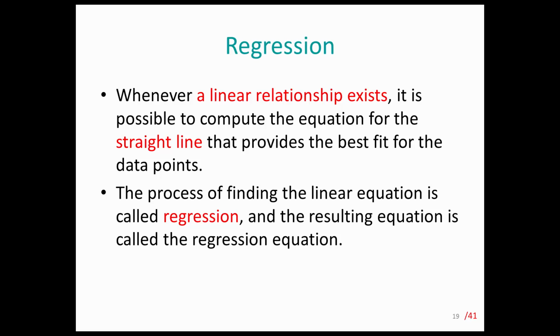Basically, regression is used to make predictions based on correlation. So whenever a linear relationship exists between two variables, it's possible to make an equation of a straight line that could be used to predict individual scores on one variable based on his or her score on the other variable.